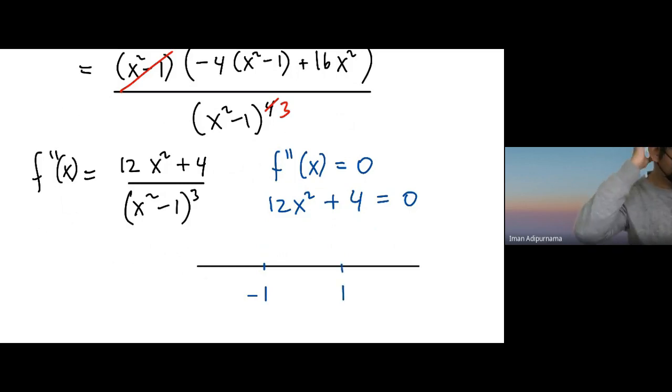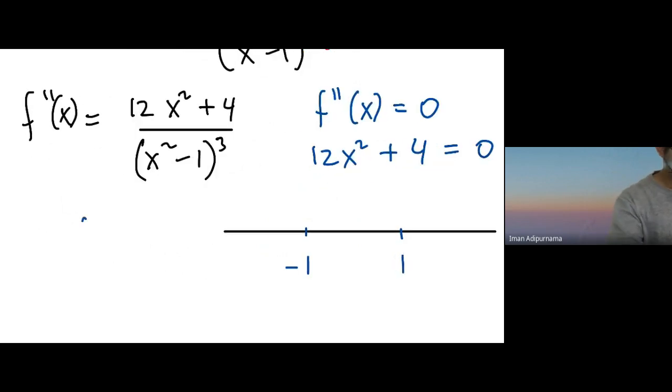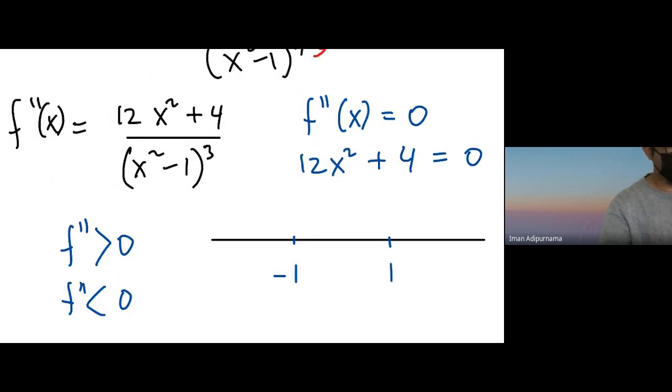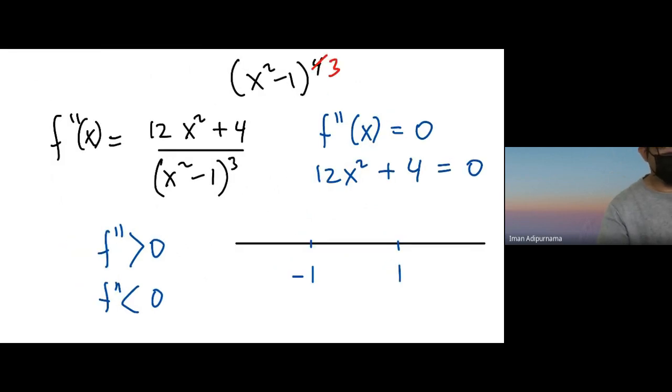Now we can look for f double prime positive and f double prime negative. Let's try 0, or try -2 or 2.